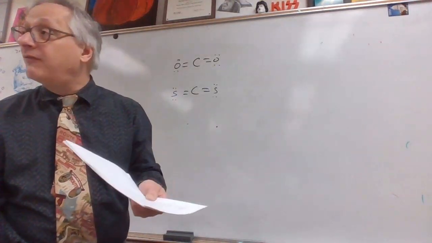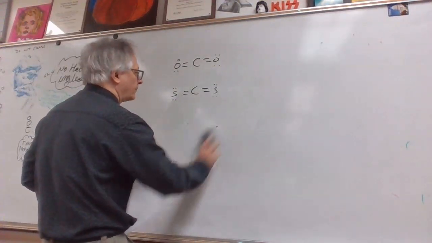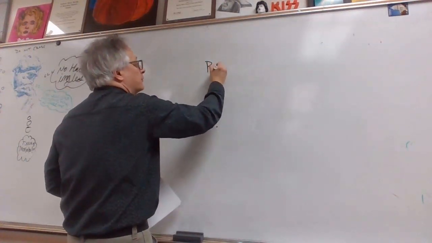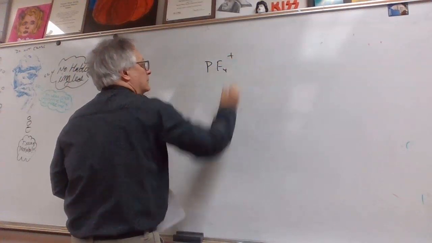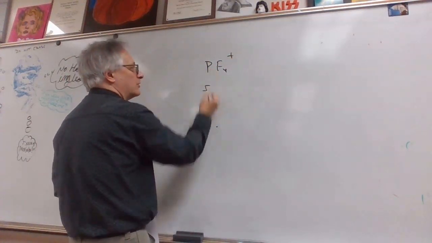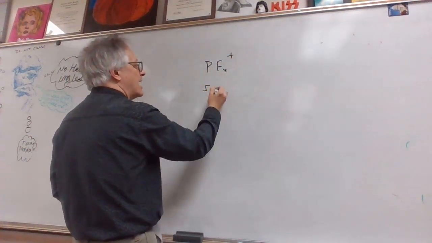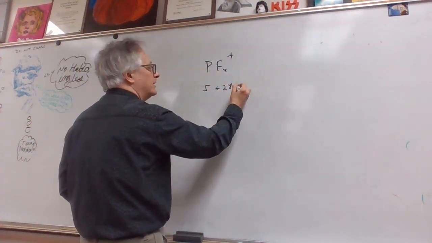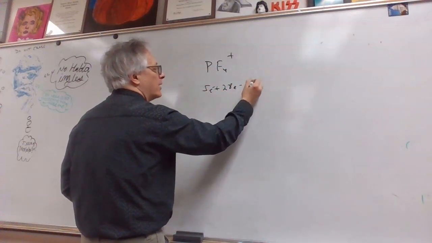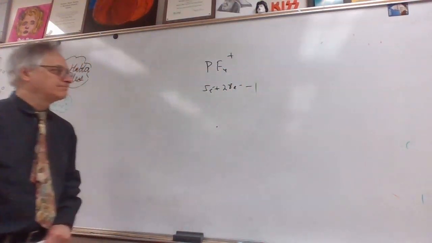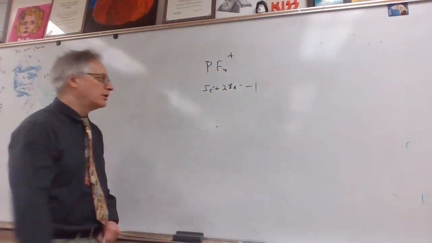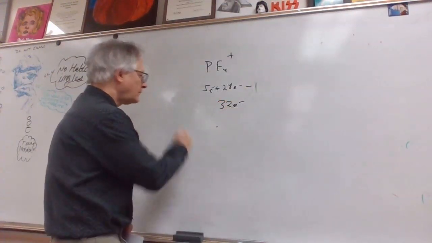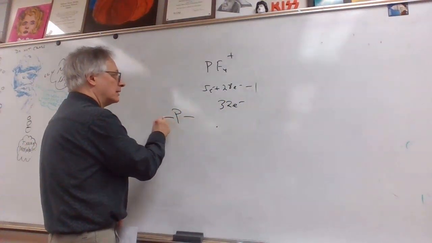Okay, PF4 with a positive charge. Well, let's go through this one. Okay, so we've got 5 electrons from the phosphorus, and we've got 28 electrons from the 4 fluorines, and we're going to take away 1 of them because it's a positive 1 charge, so that's going to be 32 electrons. P in the center.